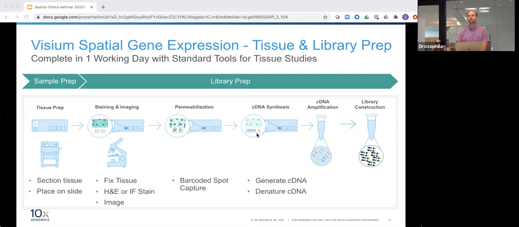And that library construction is that classic fragmentation, end repair, A-tailing, adapter ligation, and sample index PCR that's common to essentially all of our products. So if you've done any of our single cell products, you're probably pretty familiar with this type of library construction.